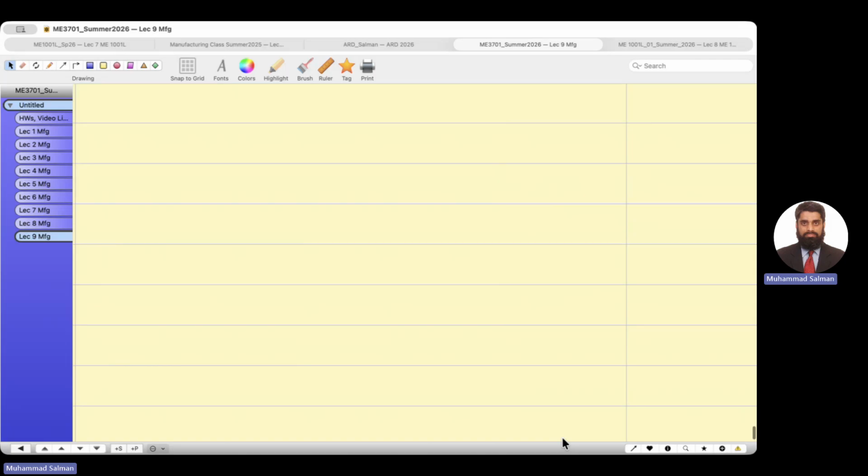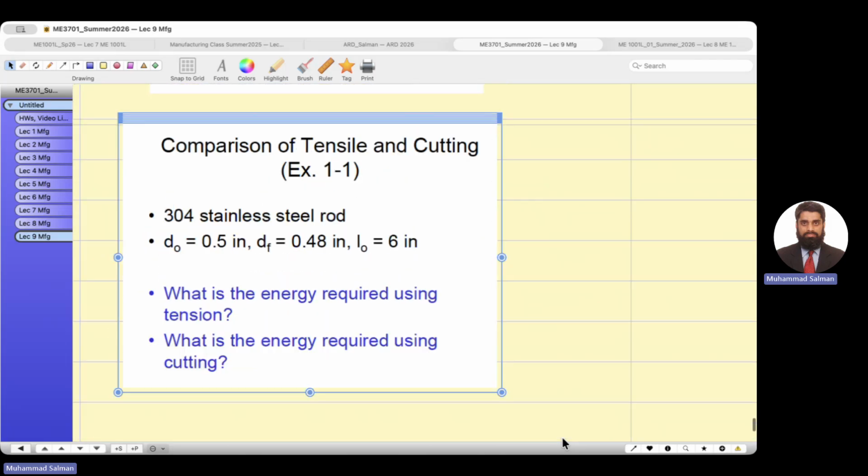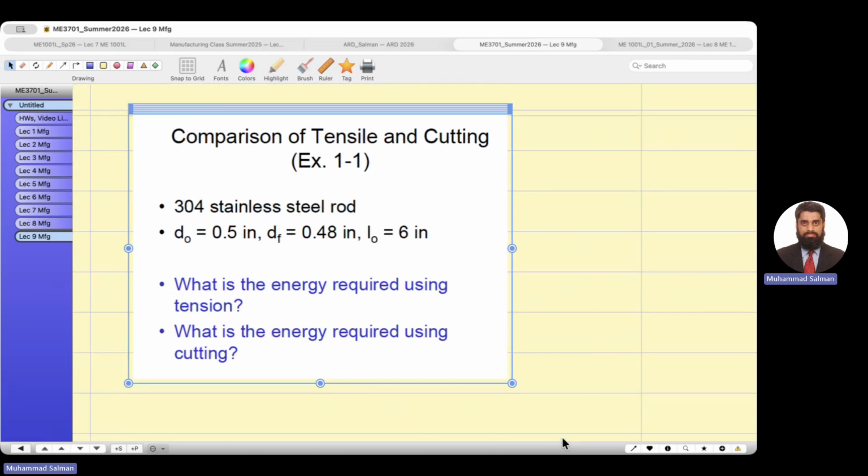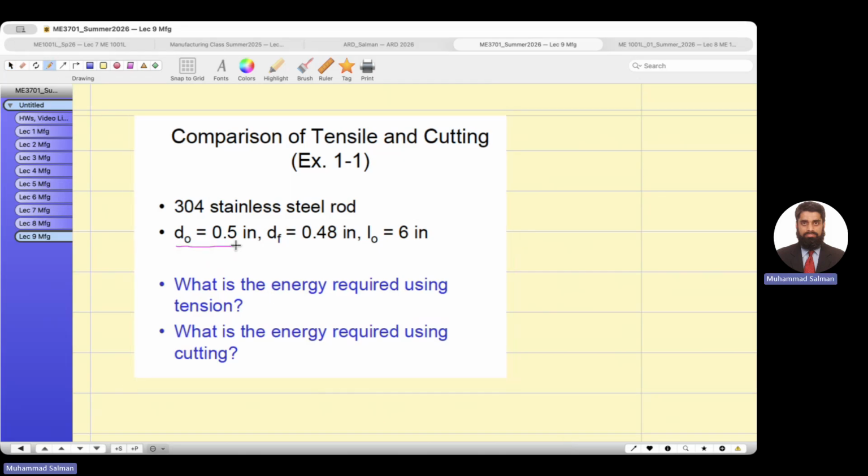Let's compare some of the energy required to generate that much cutting operation from 0.5 to 0.48. Suppose you want to turn down the diameter of a cylindrical specimen, or axial bar, to reduce it to the new diameter.